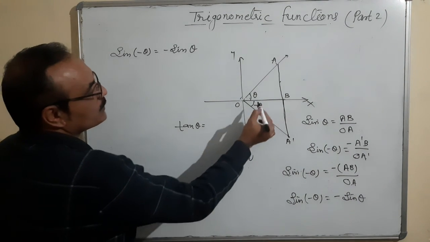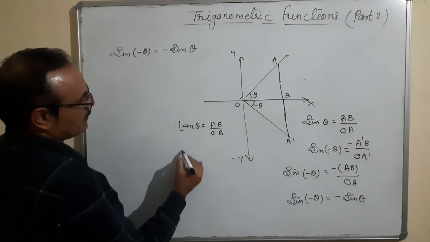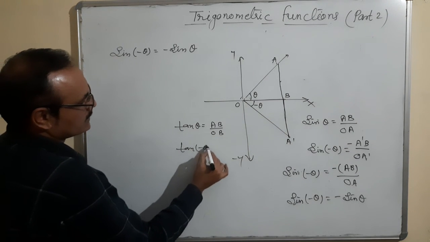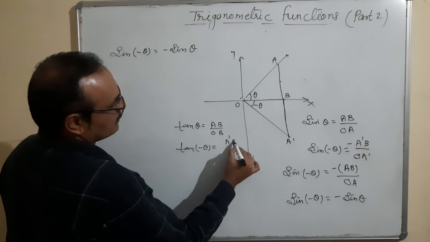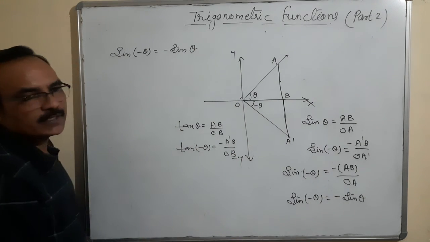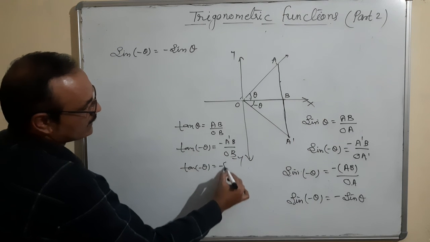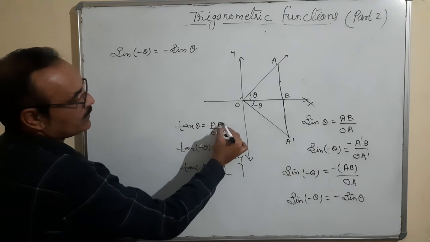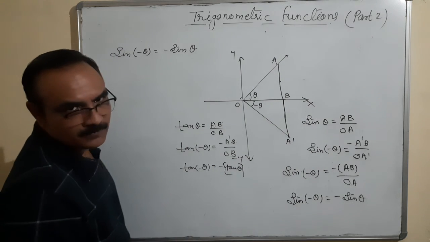Tan theta is equal to AB upon OB, and tan minus theta is equal to A dash B upon OB, but here A dash B is negative. So tan minus theta is equal to minus A dash B, and since AB is equal, AB upon OB is tan theta.